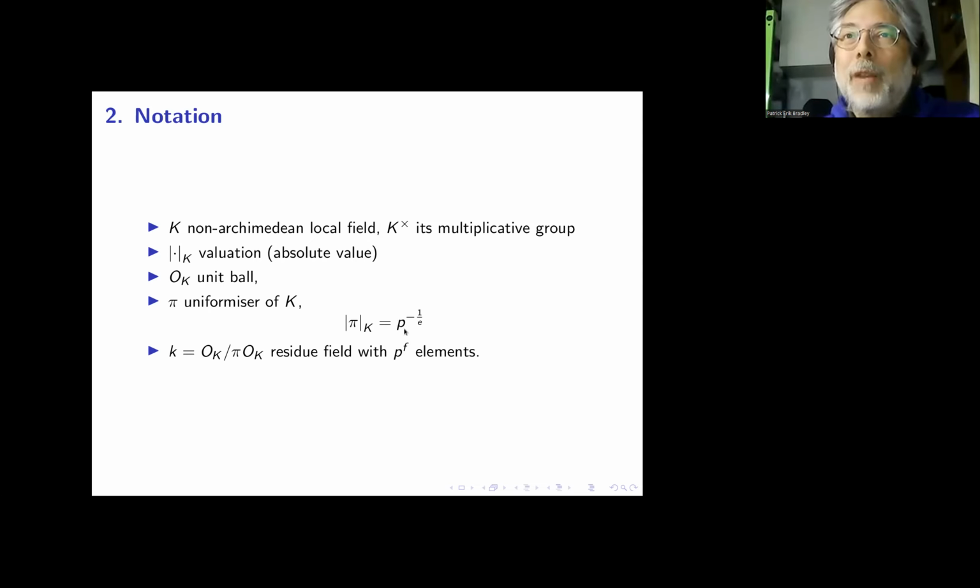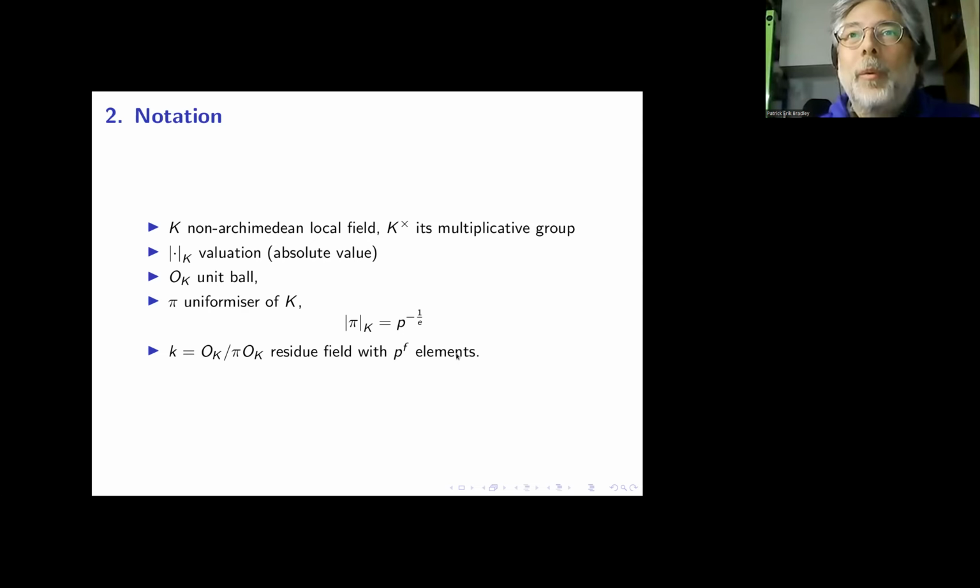You take the e-th root of p to the minus 1 as the absolute value of that pi. And e, you can think of it as the ramification index, which it is in the p-adic setting if you have a finite field extension of Q_p.